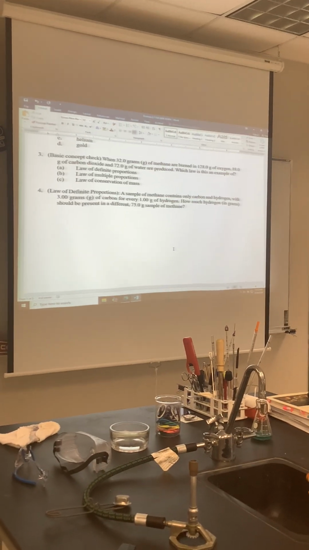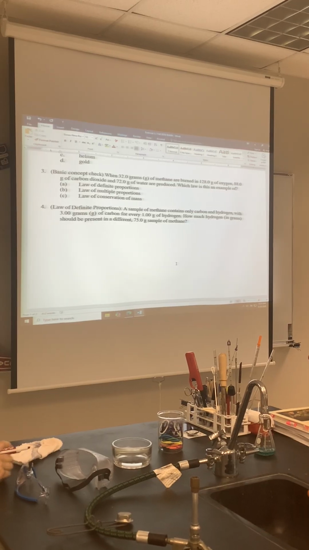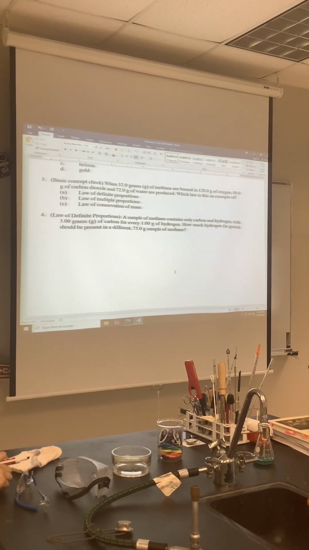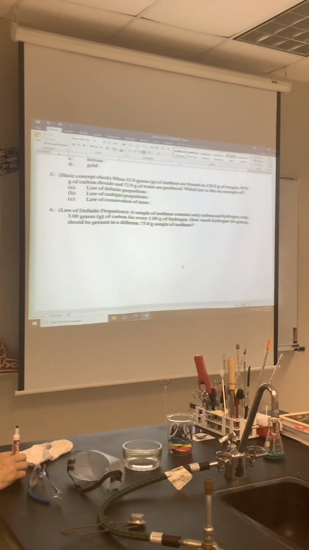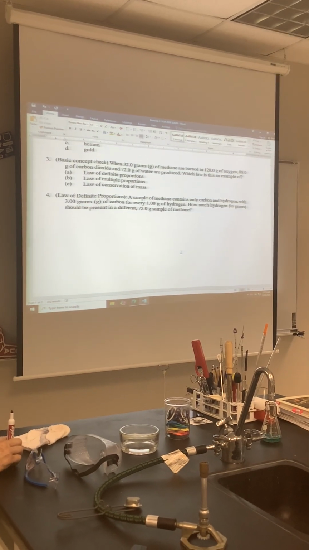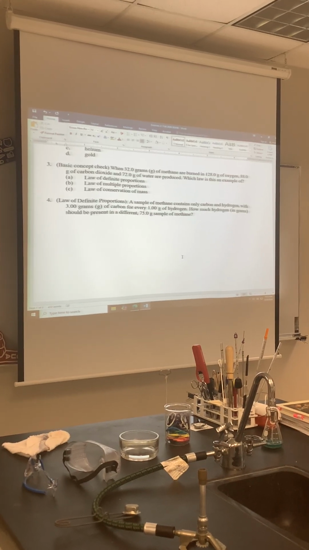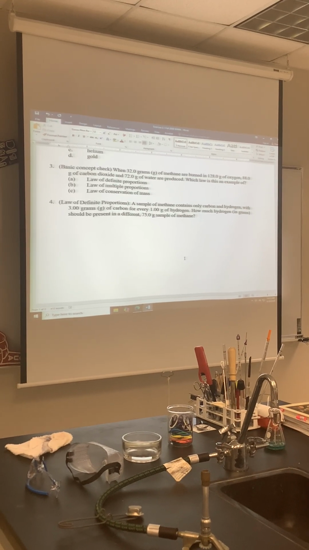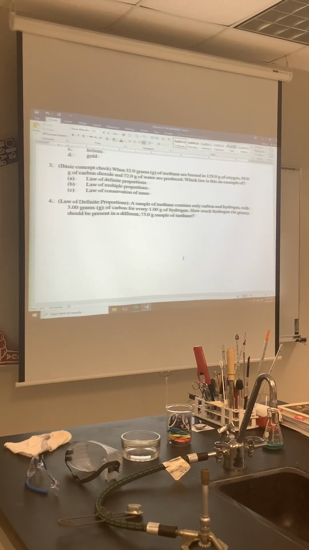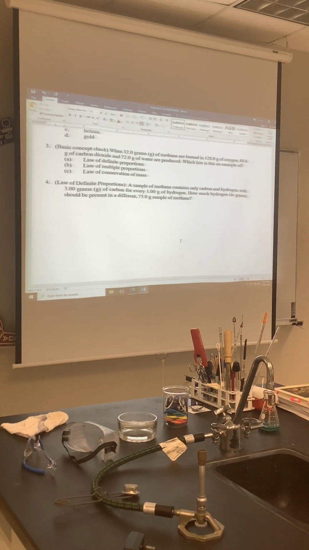You burn 32 grams of it in oxygen, combining it with 128 grams of oxygen, and you produce 88 grams of carbon dioxide and water.